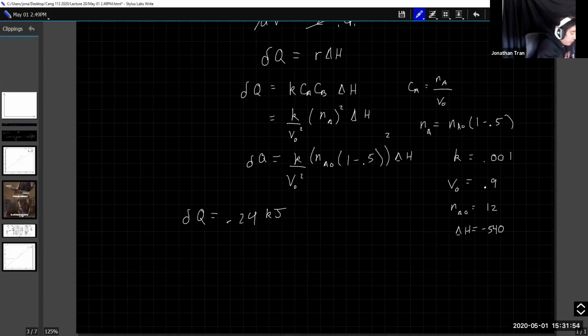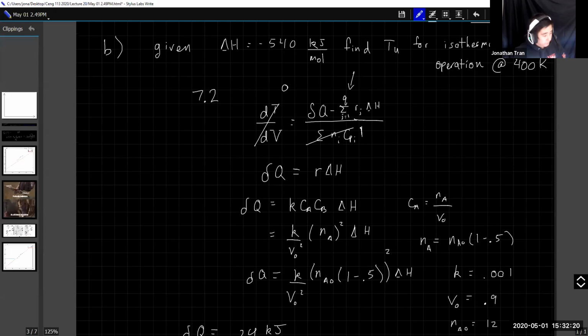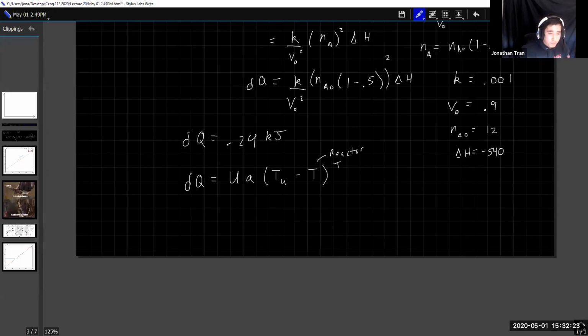So now that we have del Q, we can find TU, which is going to be equal to del Q is equal to UA times TU minus T, where T is the reactor temperature, which I don't think I specified, but it should be 400 K. Yes, isothermal operation at 400 K. Question: NA is equal to NB no matter the conversion rate because they're one-to-one? Yes, I believe that should be true.